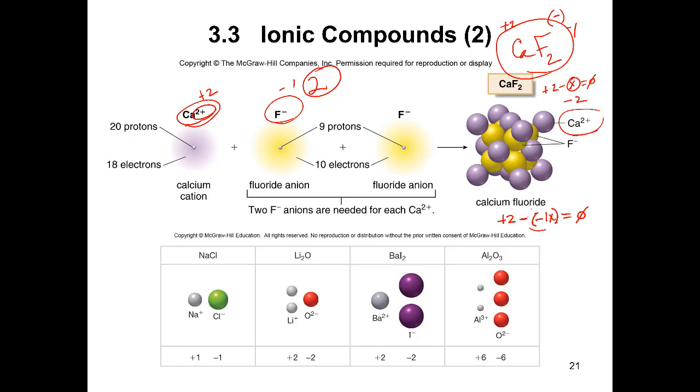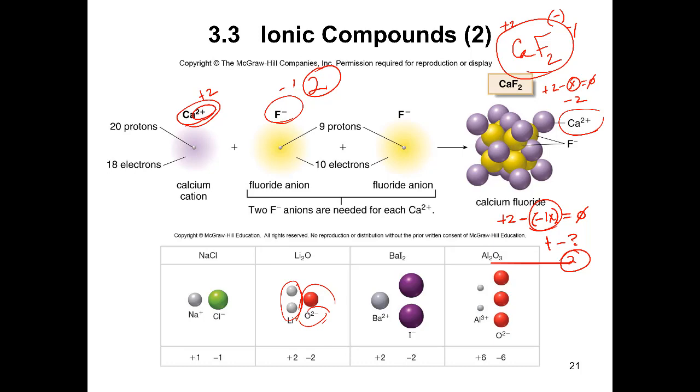So how many x's do I have to have? +2 minus what? -2. So I'd have to have 2 of those -1 charges. And this is just some examples: you'd have to have 2 lithiums for every 1 oxygen because the oxygen's a -2, and so on.